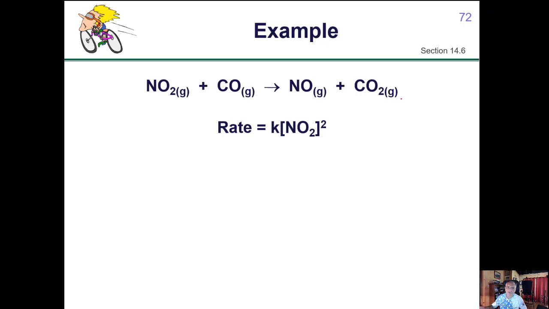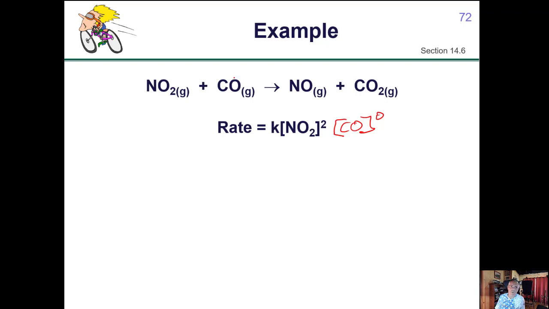In the first case, we have nitrogen dioxide, which is one of the reactants, and that's in the rate law, but carbon monoxide is also a reactant. It's also necessary to produce these two products as a result, and yet there's no carbon monoxide in this rate law. So effectively, carbon monoxide is 0 order in this reaction. And if it's 0 order in the reaction, that means that the carbon monoxide has to be present for the reaction to take place.